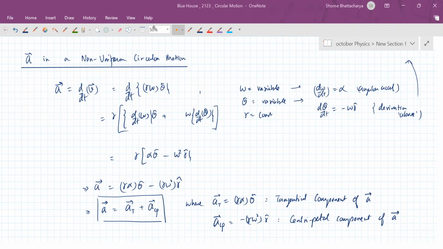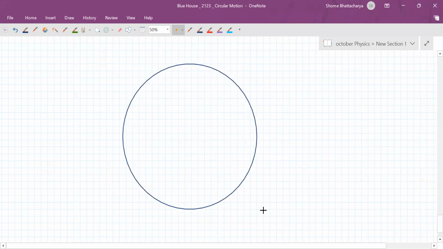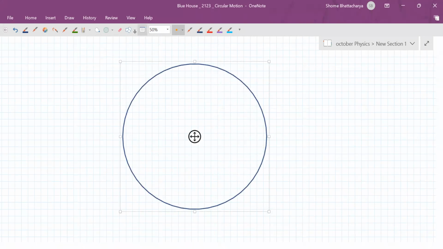Okay, so if you look at this situation visually now, we'll understand that in non-uniform circular motion, there are two components of acceleration to the particle.